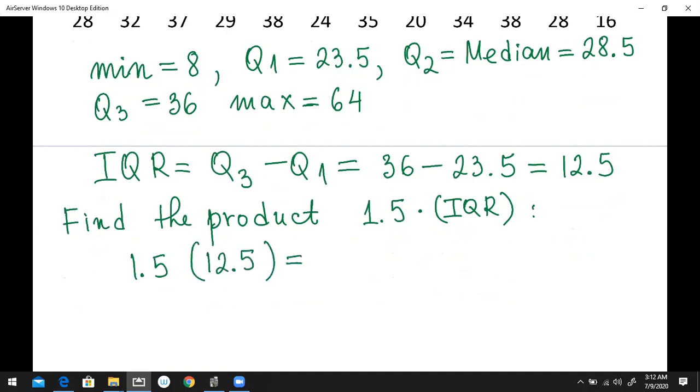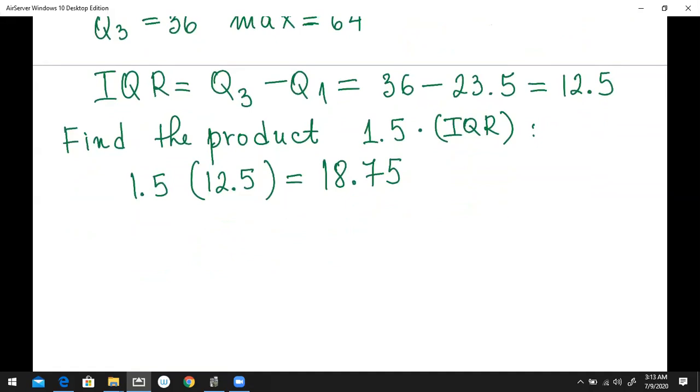Let's see what this will give us. 18.75. Now, what we're going to do with this number is, in order to find the lower fence, we're going to subtract this from quartile 1. And in order to find the upper fence, we're going to add this to quartile 3. So we're going to see if we have any outliers in this case.